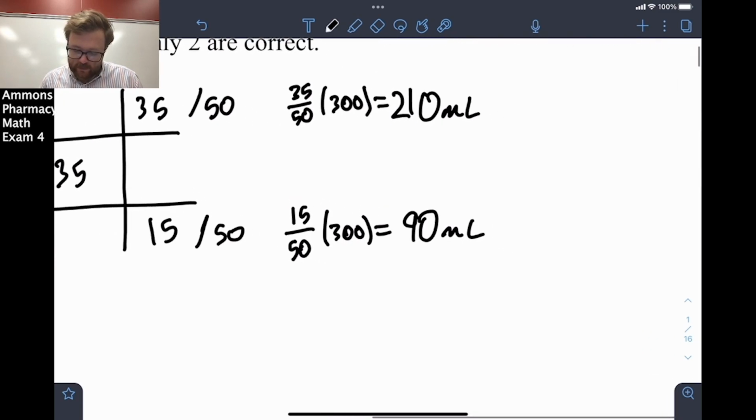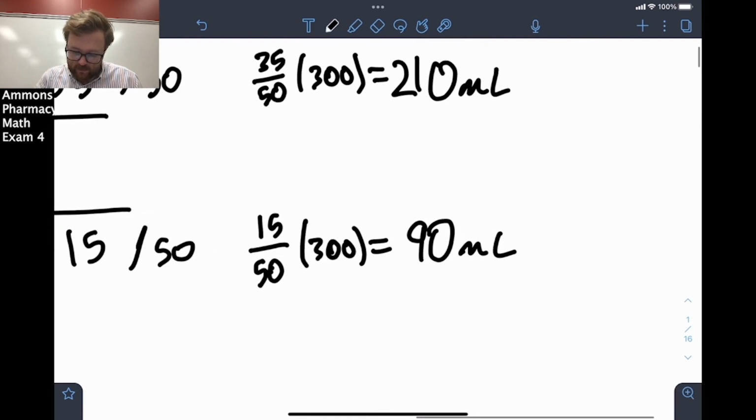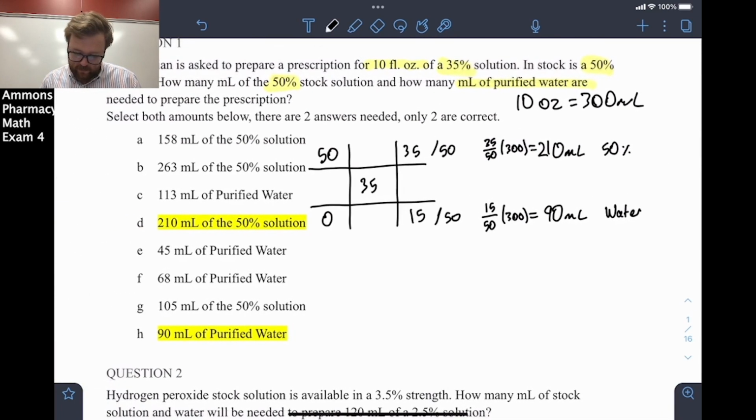And just to double check, 210 plus 90 is 300, so that makes sense. So that's 210 mils of 50% and 90 mils of water. Right? Okay.